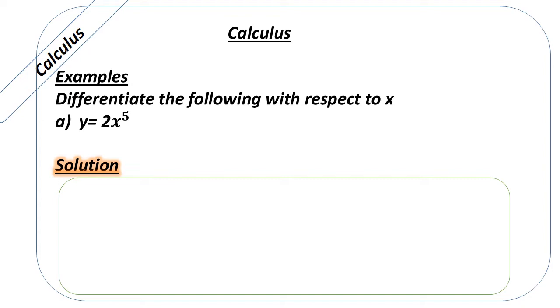This is the easiest of the cases. So we know dy/dx means we take the power, we multiply it by everything here, then we subtract 1 from the power. So 5 is going to be multiplied by 2x, so it's going to be 10x, and then from the 5 we remove 1, so it's going to be 10x power 4, because when we subtract 1 from 5 we have 4.